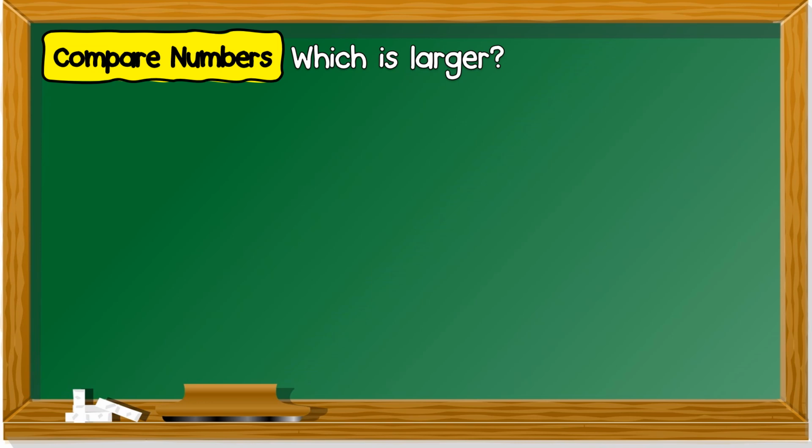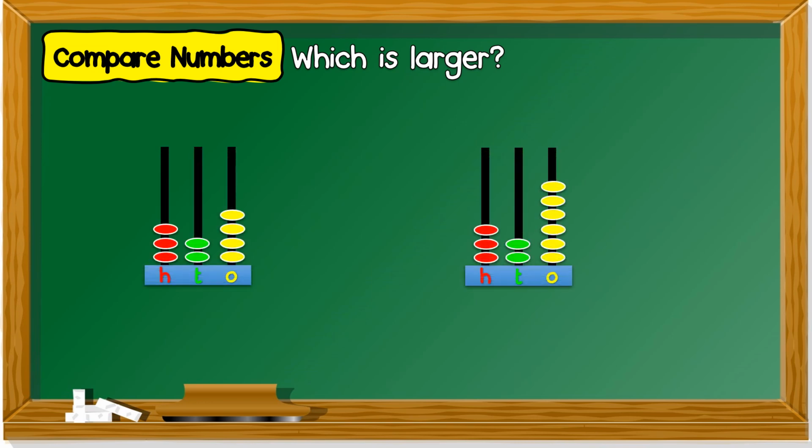Next example. How many beads of hundreds? 1, 2, 3. Tens. 1, 2. How about ones? 1, 2, 3, 4. So this one is 324.